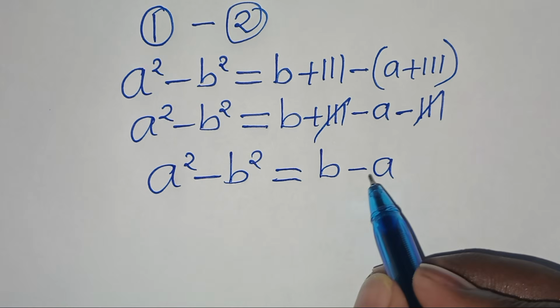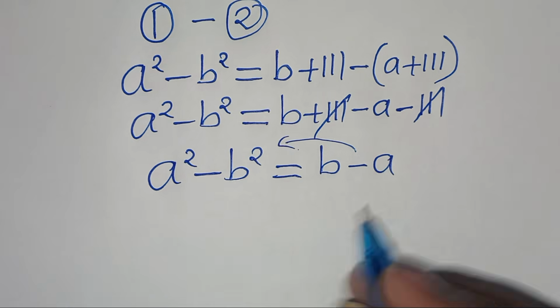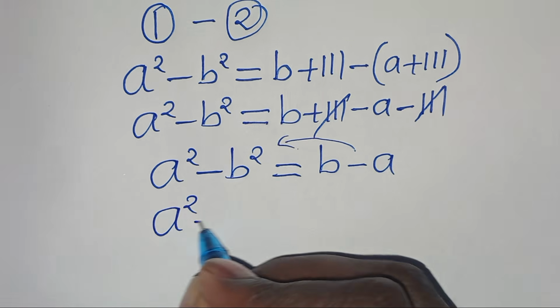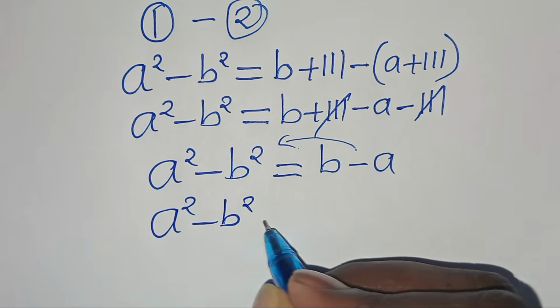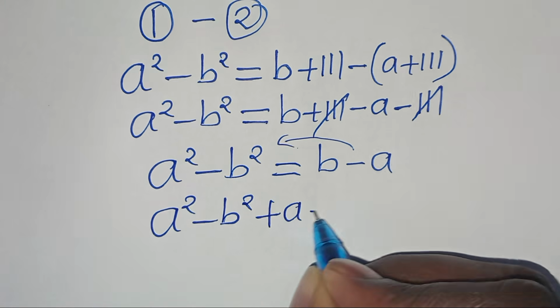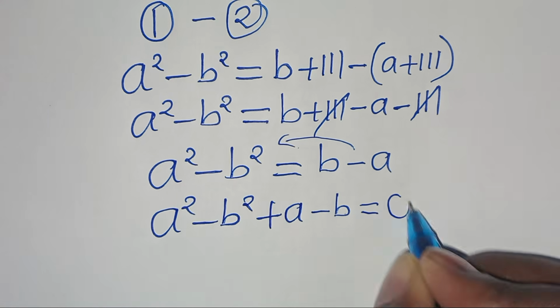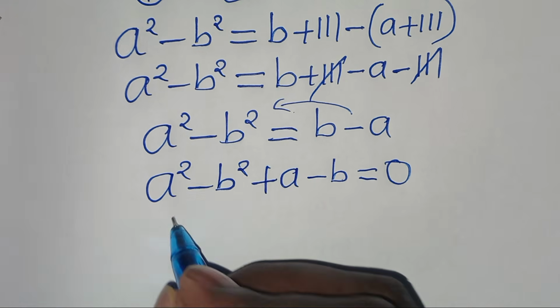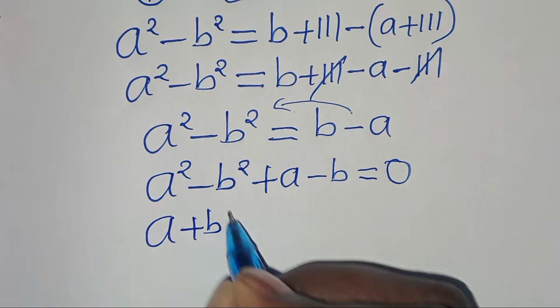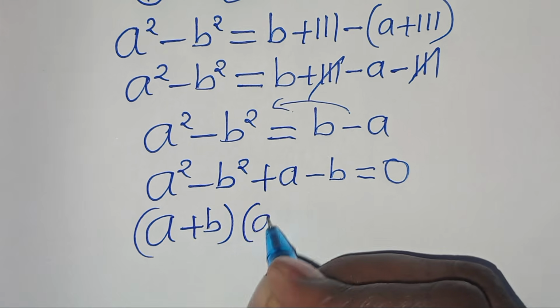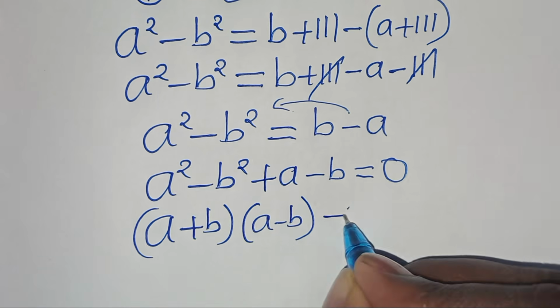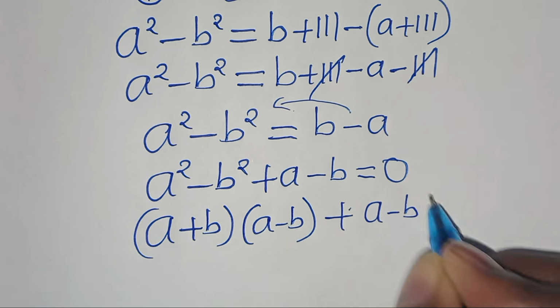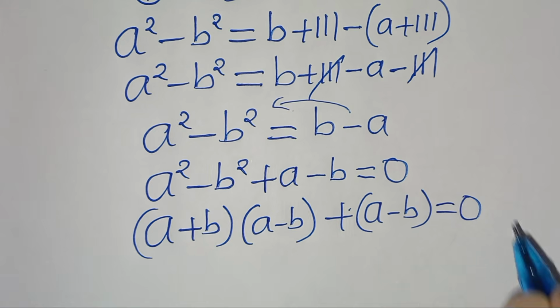Now let's take b minus a to the left hand side so that we have a to the power of 2 minus b to the power of 2, plus a minus b, equal to 0. A squared minus b squared is in the form of (a plus b) multiplying (a minus b), then we have plus a minus b, equal to 0.